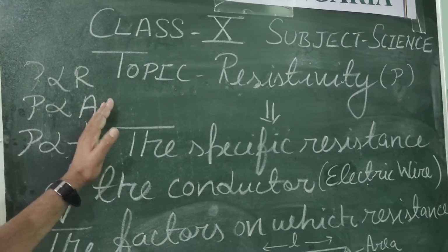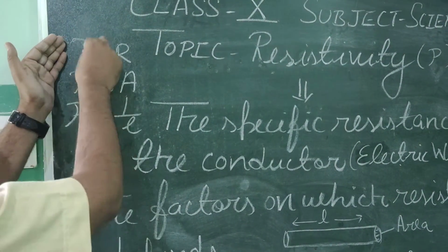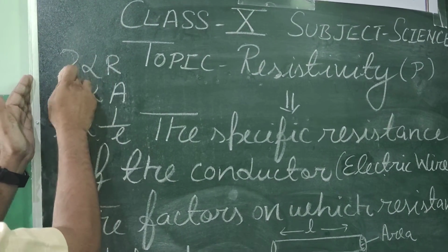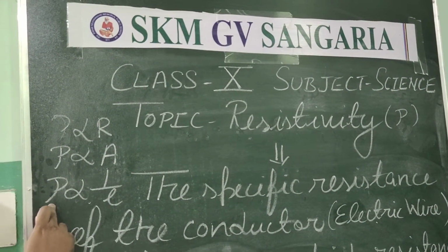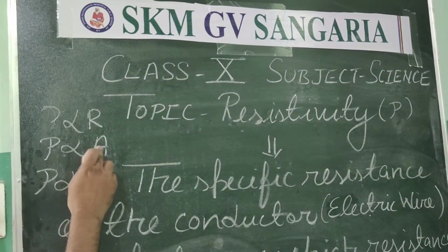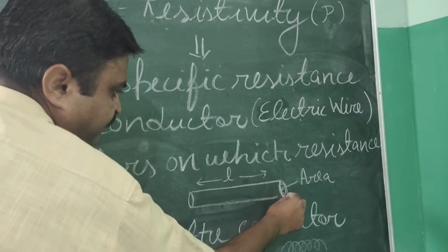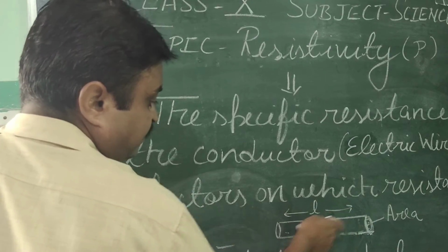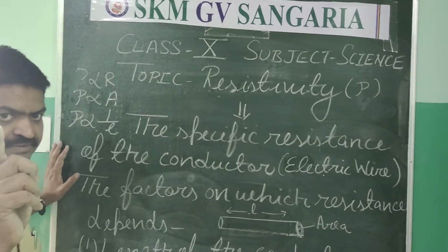If the area is more, then the resistivity will be more. If the resistance is more, then the resistivity will be more. So the resistance and area are directly proportional to the resistivity. But in case of the length, it is inversely proportional. So these are the factors on which the resistivity depends. Like this is the area of the cross section of the wire, and this is known as the length of the wire.